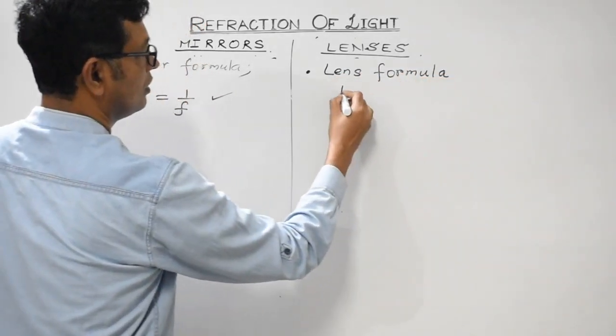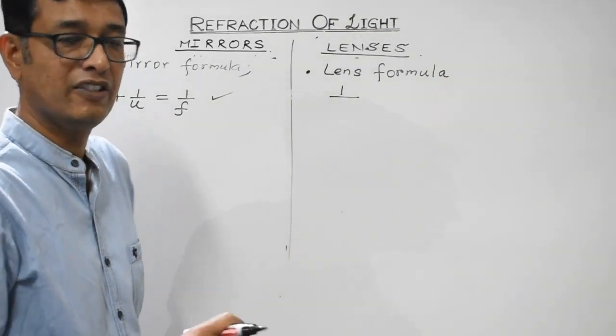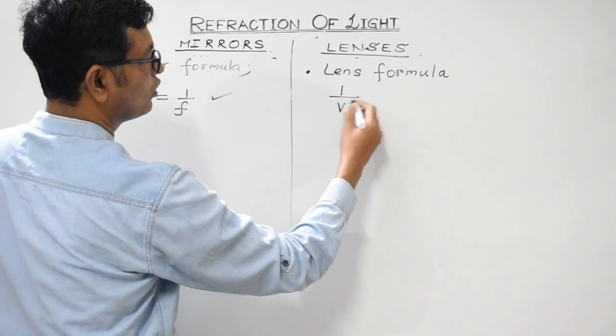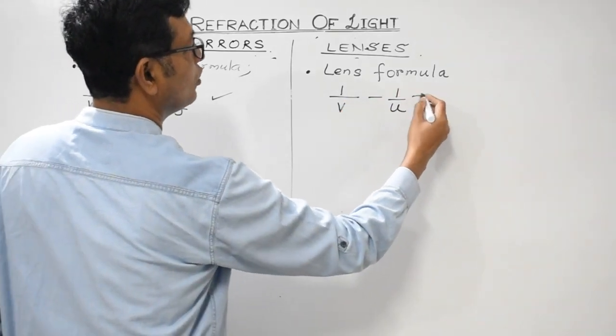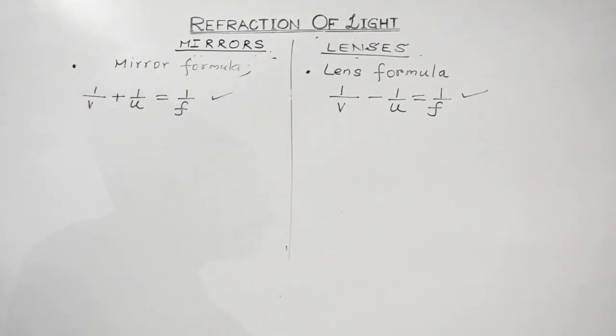Lens formula also is a relationship in U, V and F. But for lens, the formula is 1 by V minus 1 by U is equal to 1 by F. That's lens formula. Right?